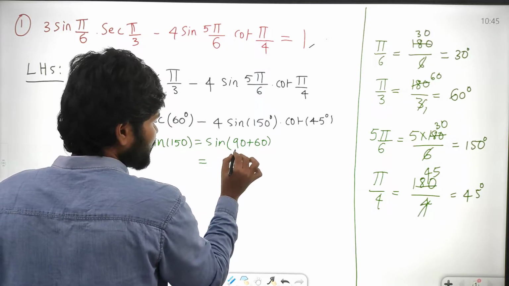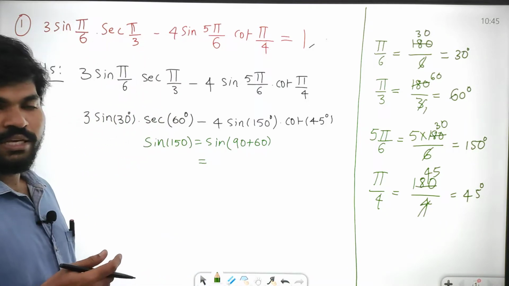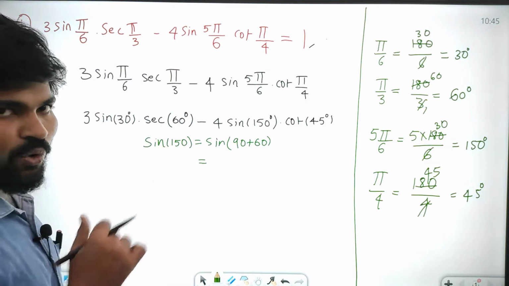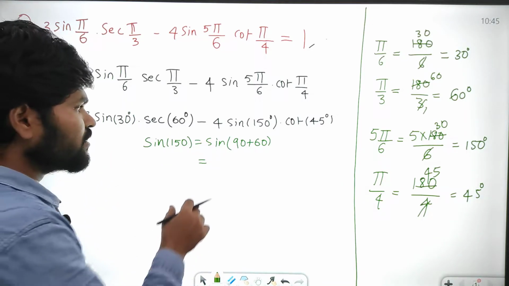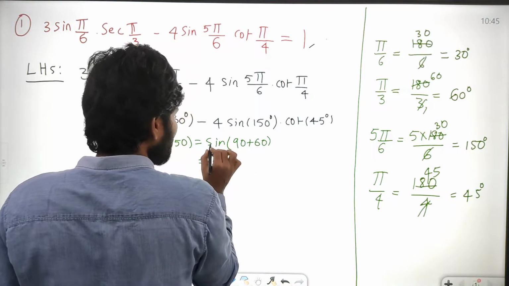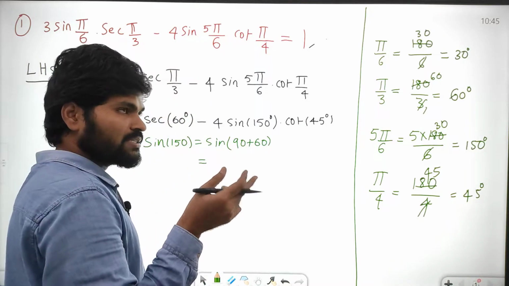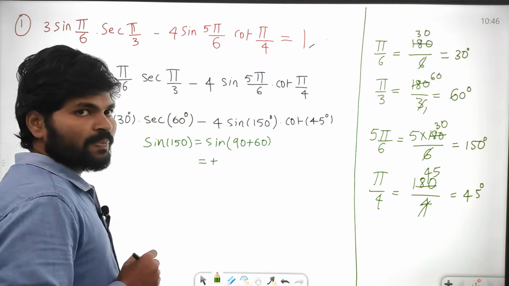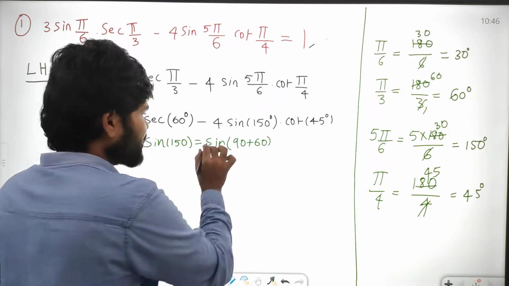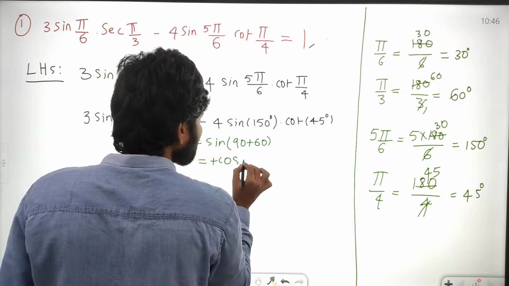Which quadrant is 90 plus 60 in? It is in the second quadrant. What values are positive in the second quadrant? Sine is positive in the second quadrant, so this is a plus. And since it is 90 plus, sine changes to cos 60.